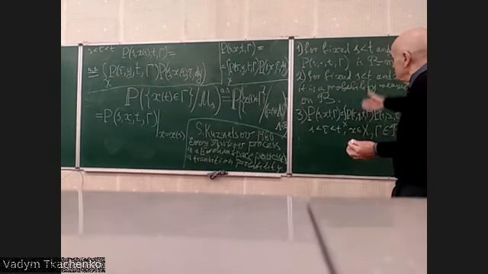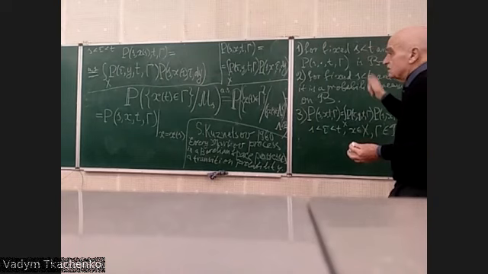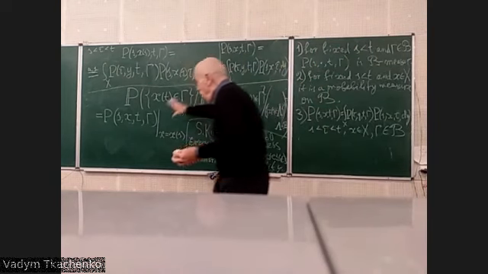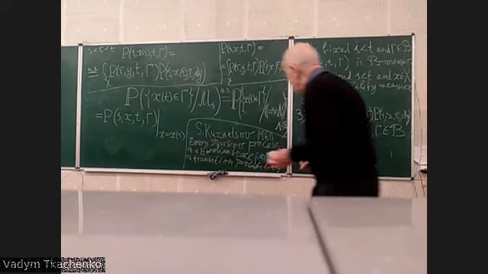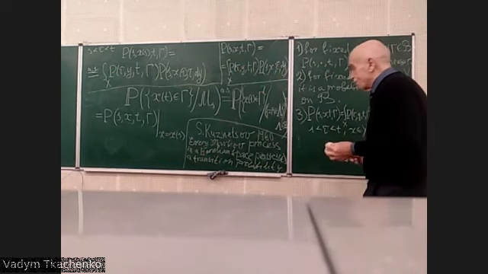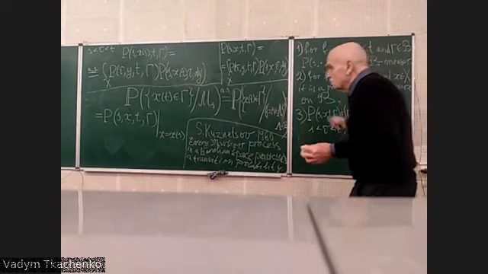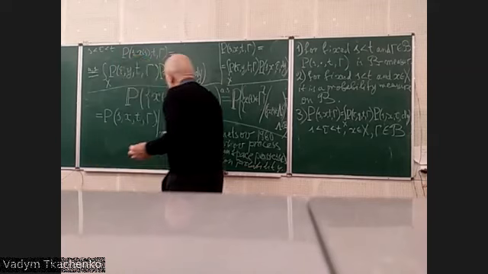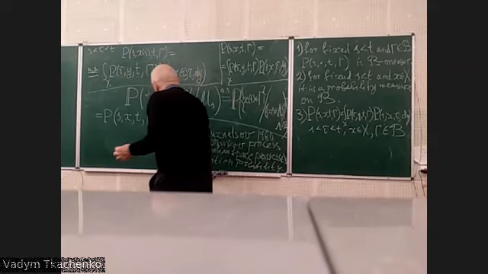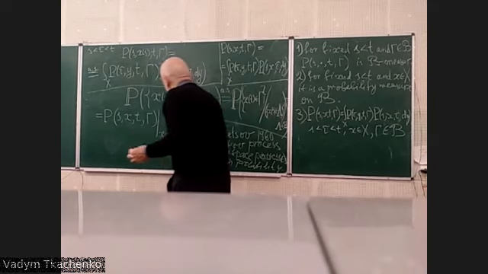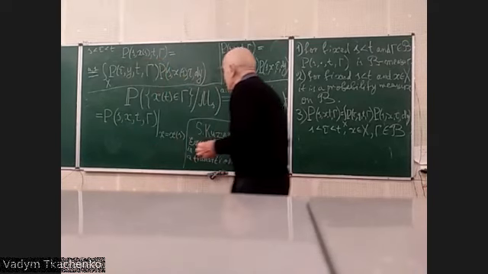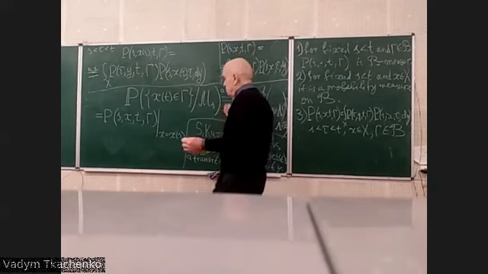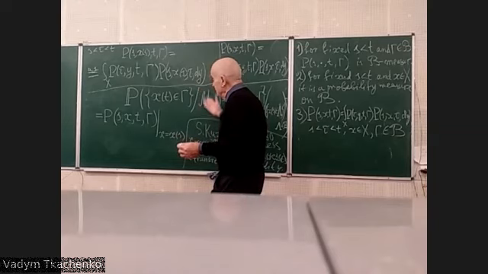This is the definition of transition probability, and this is the definition of a Markov process. That transition probability is such that if you substitute x(s) instead of x, we get this probability, and consequently this one.